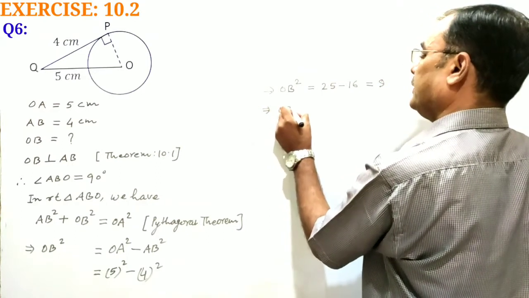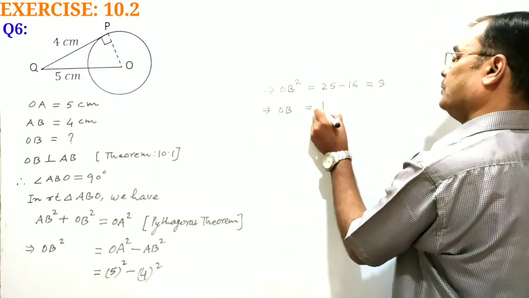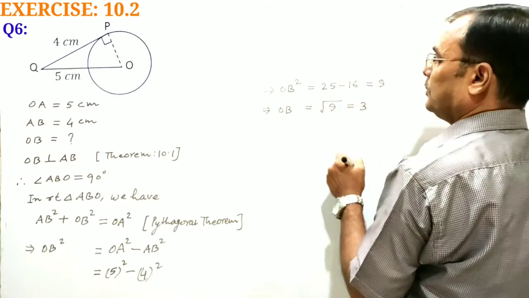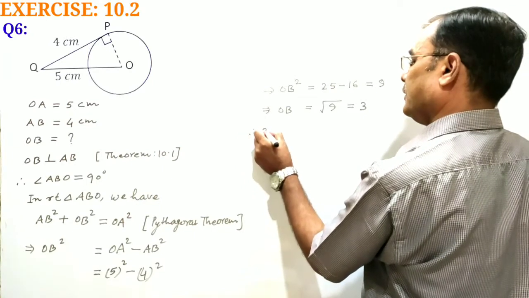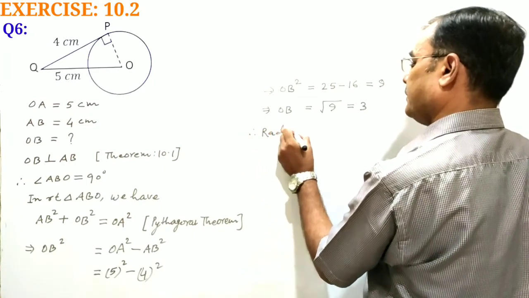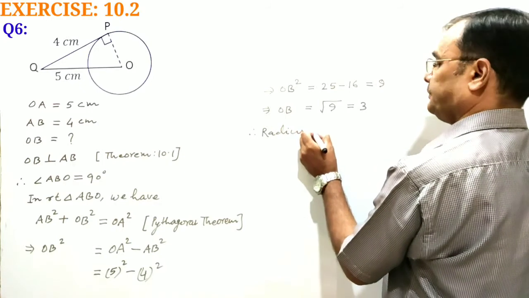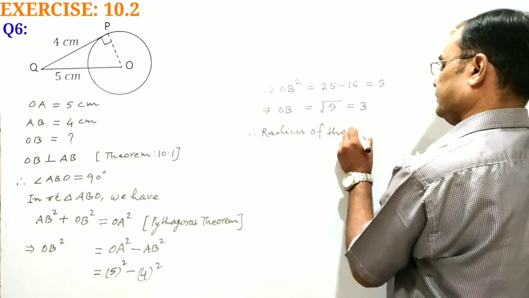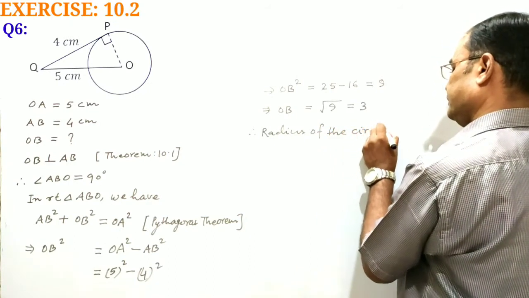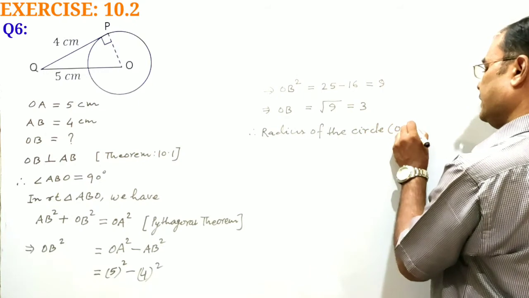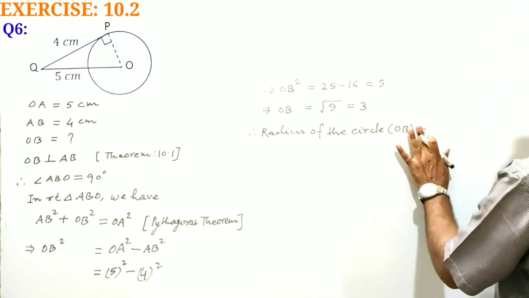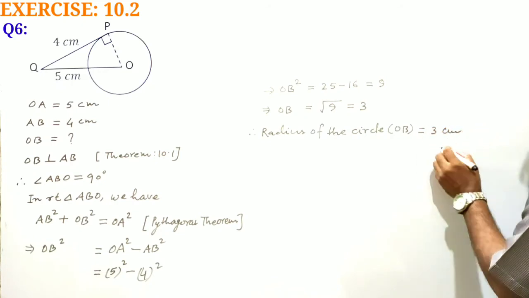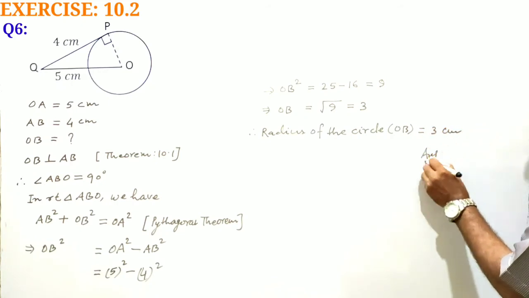So OB is equal to under root 9, square root is 3. Therefore, radius of the circle, that is OB in this figure, is equal to 3 centimeter, and this is the answer.